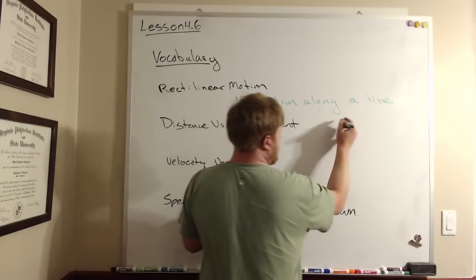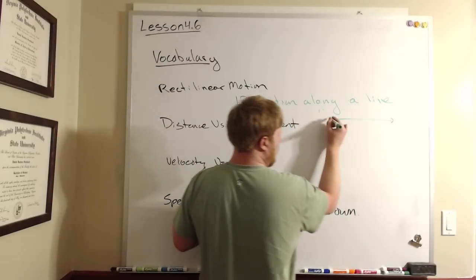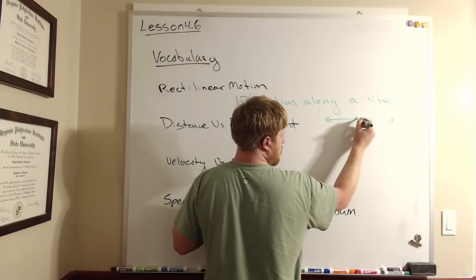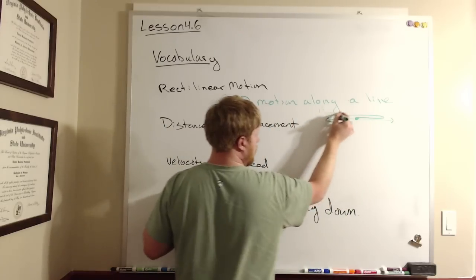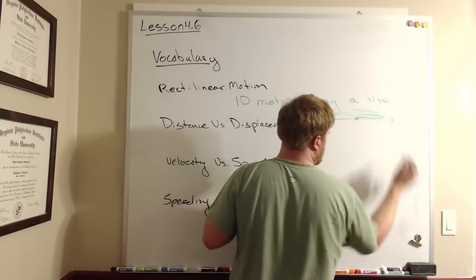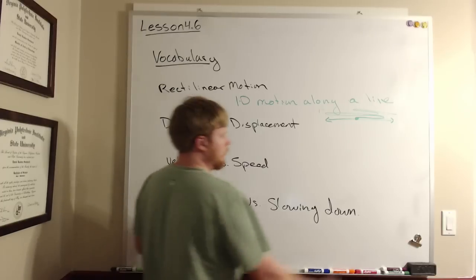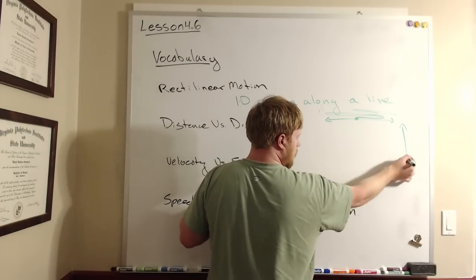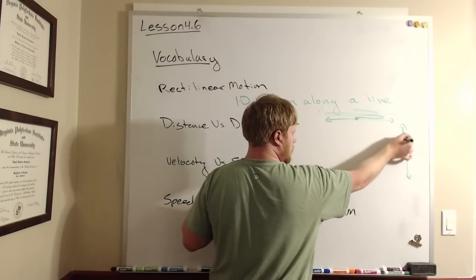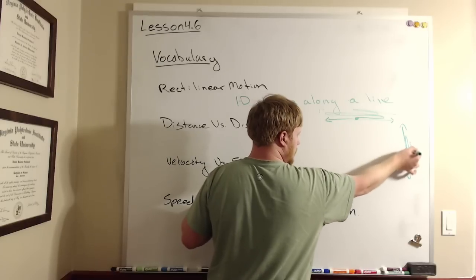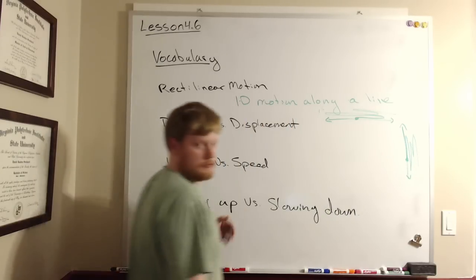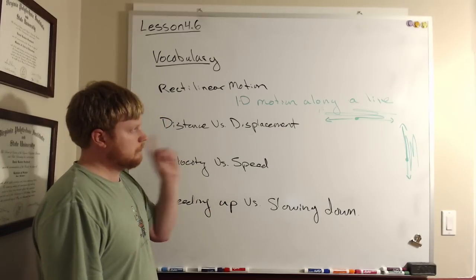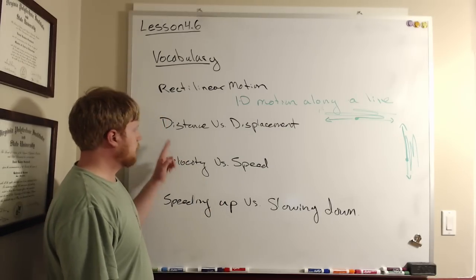So that could be a line like this with a particle that goes back and forth like that. It can be a horizontal line with a particle that goes up and back and up and back, whatever. But it's one-dimensional motion along a straight line.